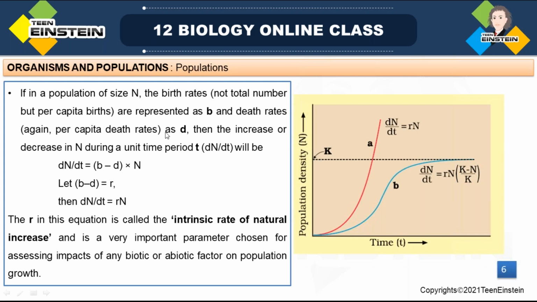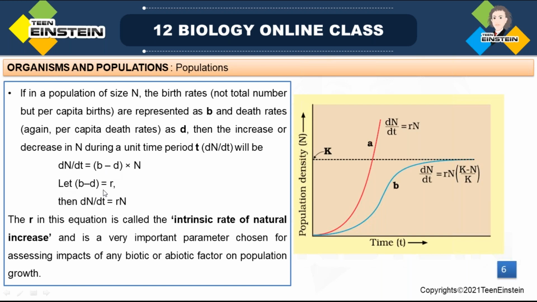Then the increase or decrease in population density, N is the population density, during a unit time period t: dN by dt is equal to B minus D into N. B minus D means birth rate minus death rate into N.